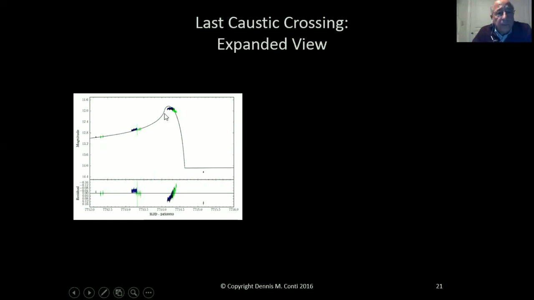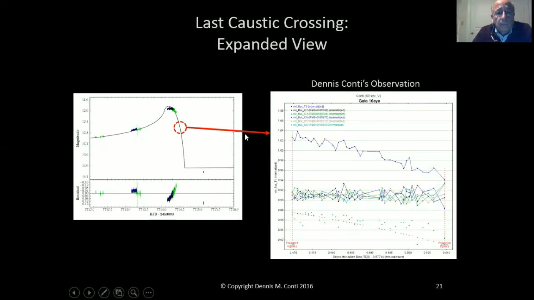And so if we magnify that last crossing, it looked like this. Some of these blue and green ones were from professional observatories, and I was one of 2 observers that were able to catch it on the downward slope here. I caught it right at this point.